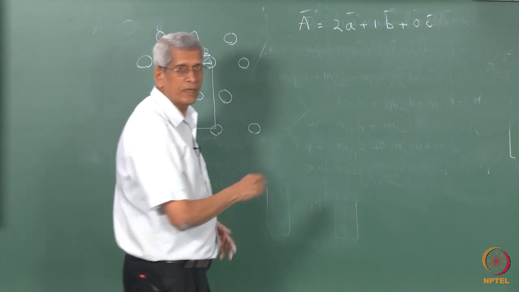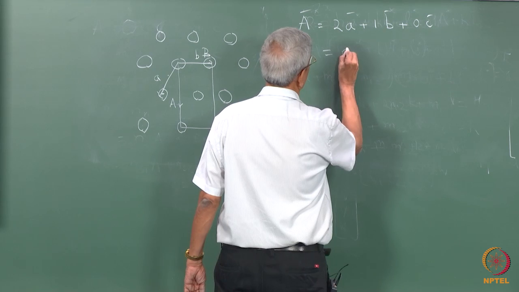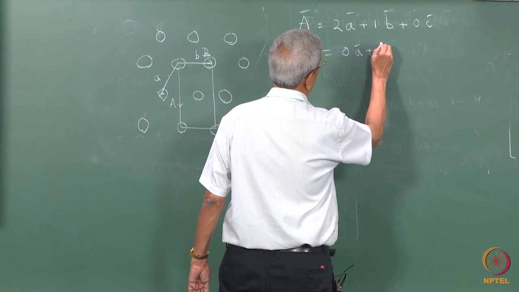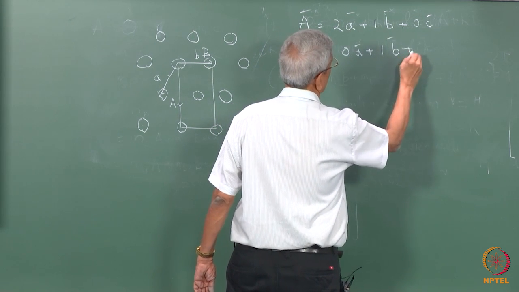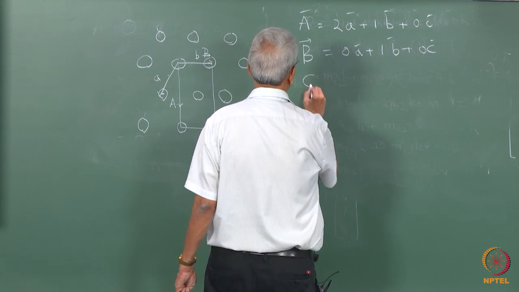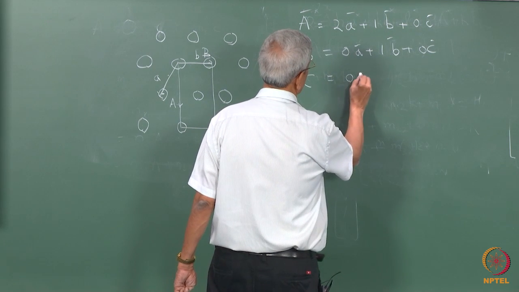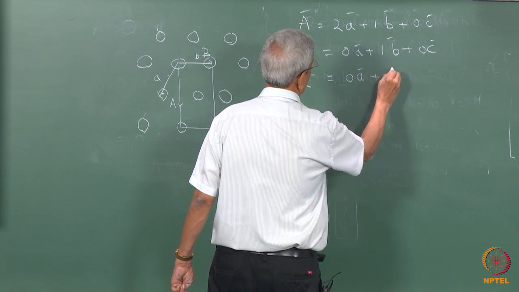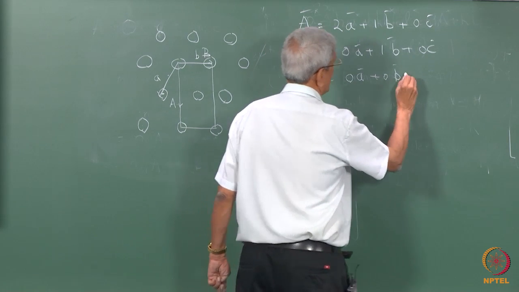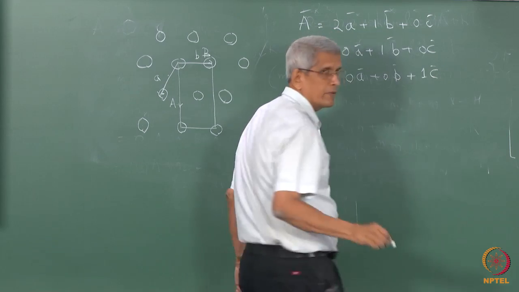What will be B? 0 into A plus 1 into B plus 0 into C, correct. What is C going to be? 0 into A plus 0 into B plus 1 into C, correct.